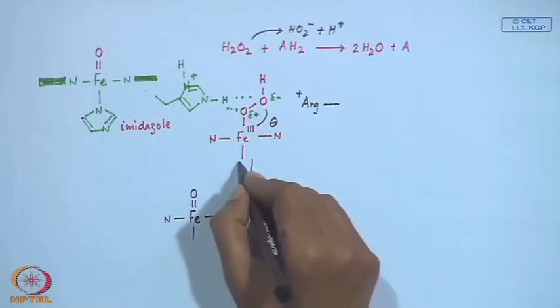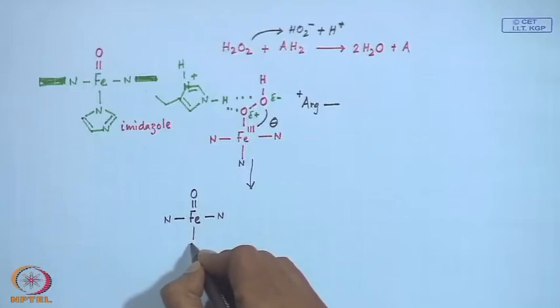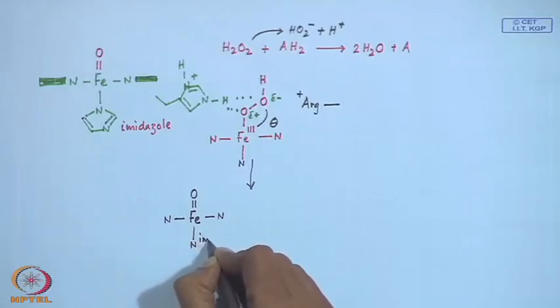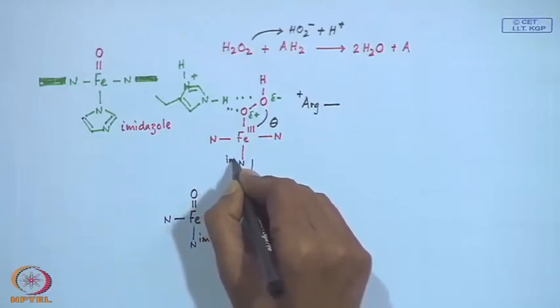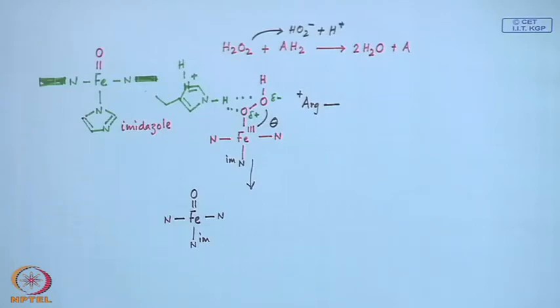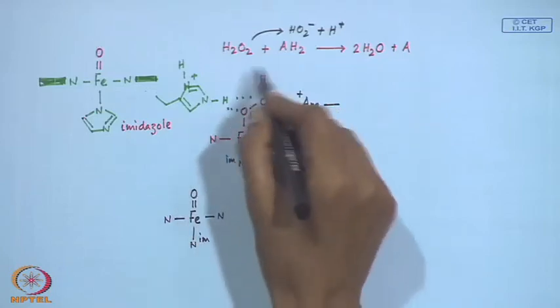This is for the nitrogen of the imidazole ring. So, these two nitrogens are there, and what will happen to this part?